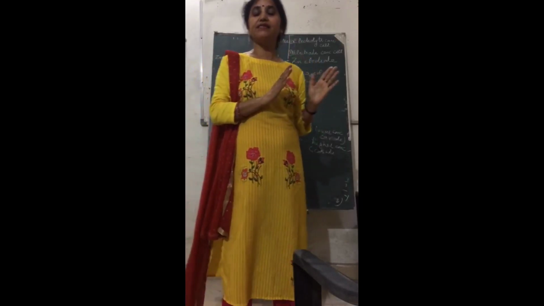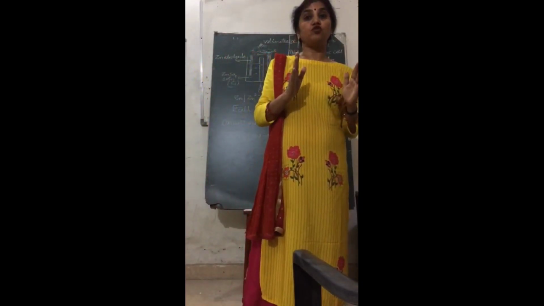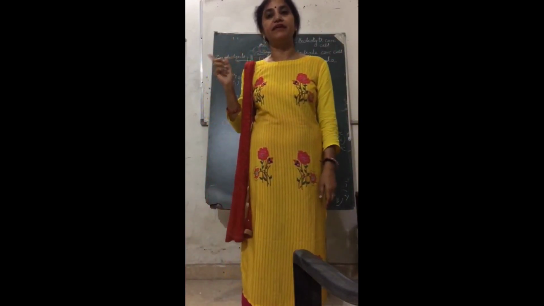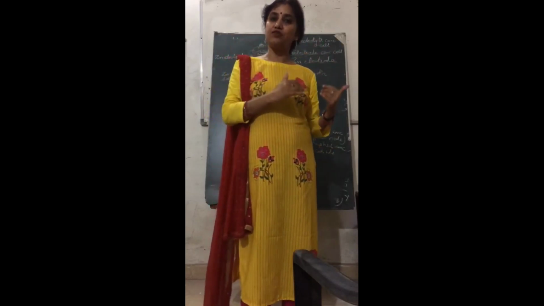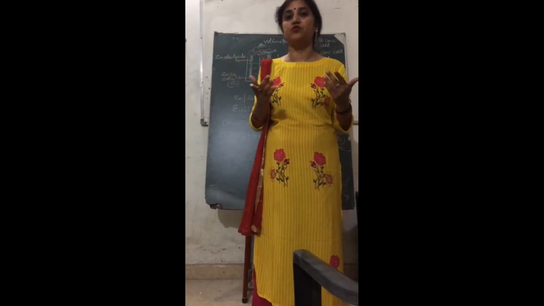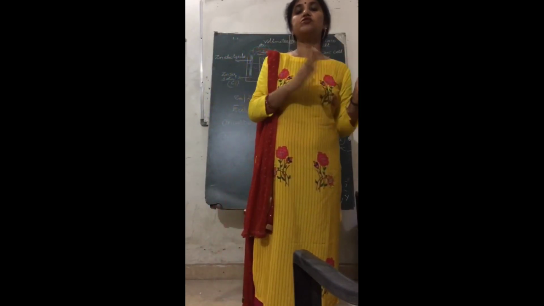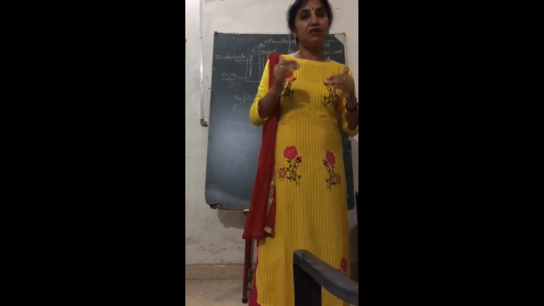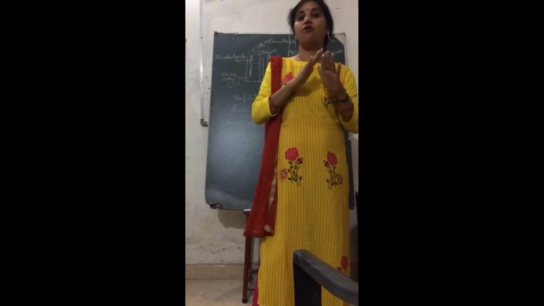In an electrolyte concentration cell, electrodes are of the same type, but the concentration of the electrolyte is different. And in an electrode concentration cell, vice versa takes place. That is, electrodes are of different concentration, but they are immersed in a solution of the same concentration.